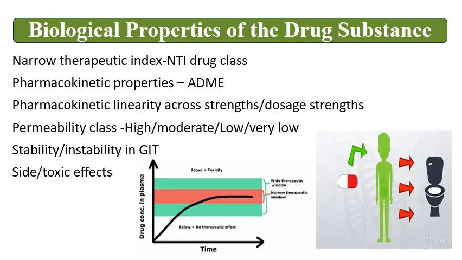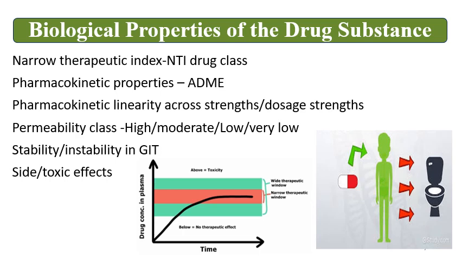Then permeability class. As per BCS, class 3 and class 4 are low permeable. So the permeability class is required to be understood. Then stability and instability in the GIT. If the API is not stable in the GI environment, if it is susceptible or sensitive to the acid or base environment of the GIT, then some special precautions are required to be taken.